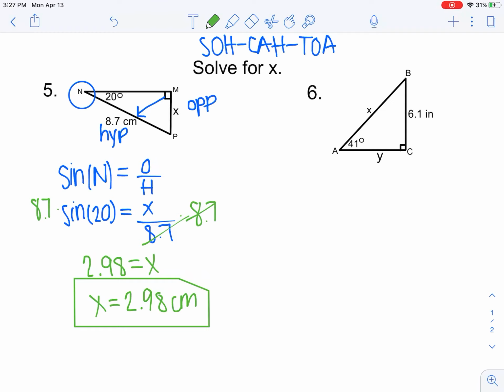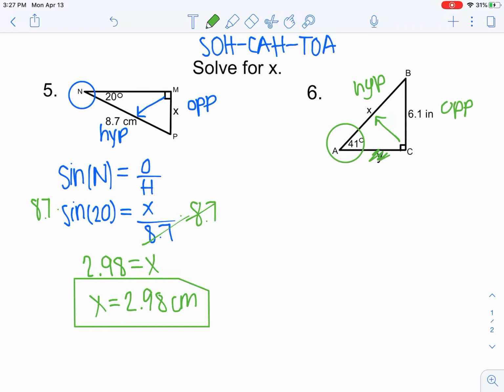All right, let's take a look at number 6. Number 6, the acute angle that they give us is angle A. So that would make 6.1 our opposite side. And then x is across from our right angle, so that would be our hypotenuse. Notice that they do have another side in here labeled y, but that's not what we're trying to find, so I'm just going to ignore that for now.